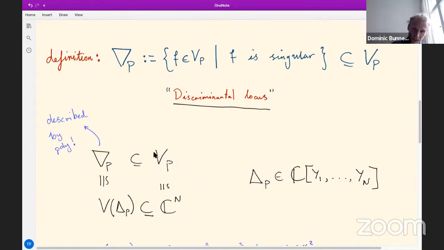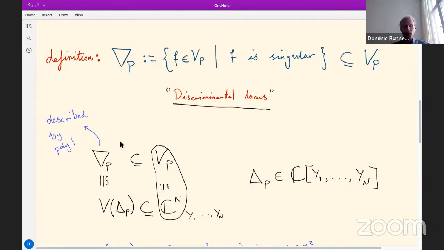As we said before, this V_P is a finite dimensional vector space. I just want to draw your attention to this part of the diagram here. V_P is a finite dimensional vector space, so it's isomorphic to C^n for some n. We put some coordinates on C^n, y_1 to y_n.